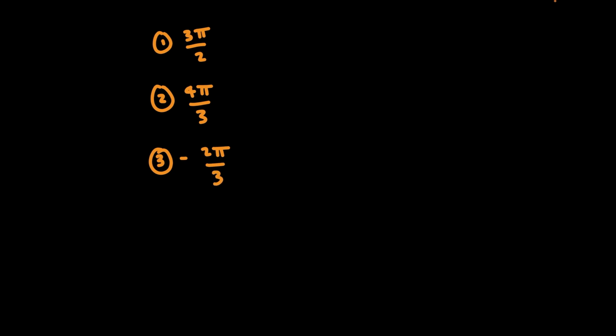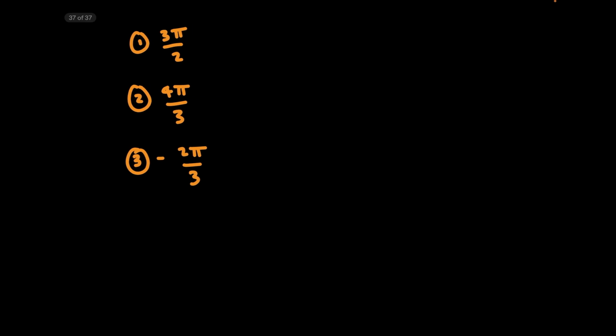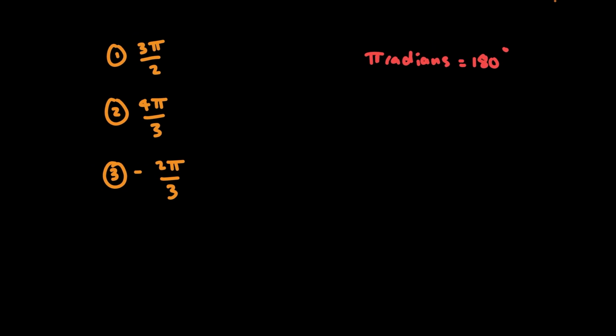Okay, the easiest way to go from radians back to degrees is you can say pi radians is the same as 180 degrees. Obviously, I said that before as well, so how is that going to help us here? Well, let's have a look. We can replace pi here with just 180 degrees. So in other words, what we're really doing here is 3 times 180 degrees divided by 2.